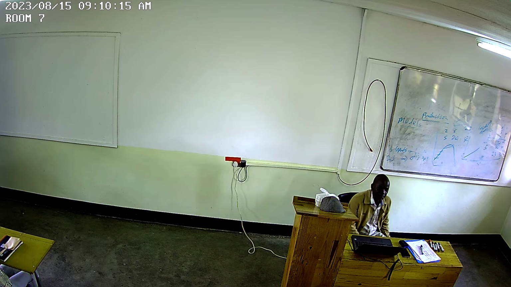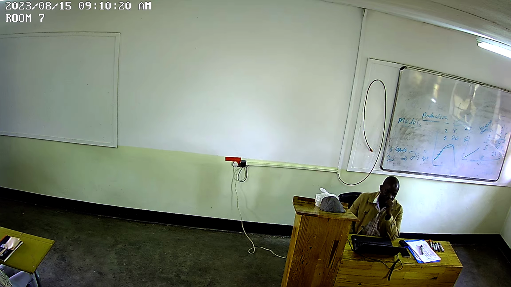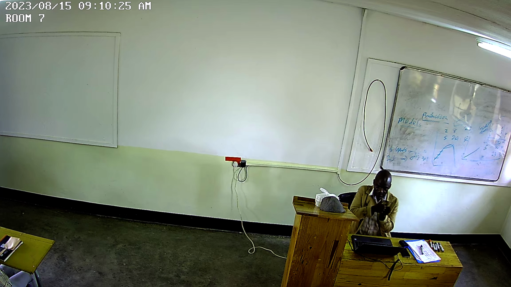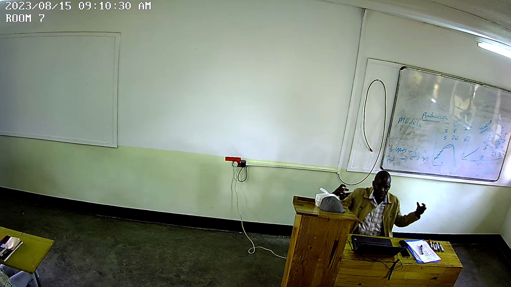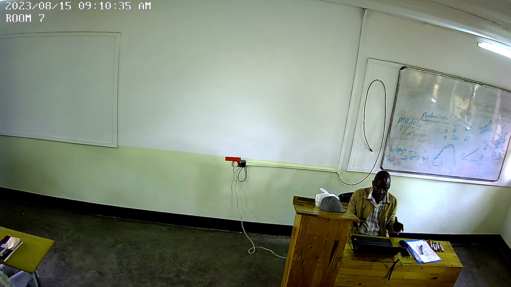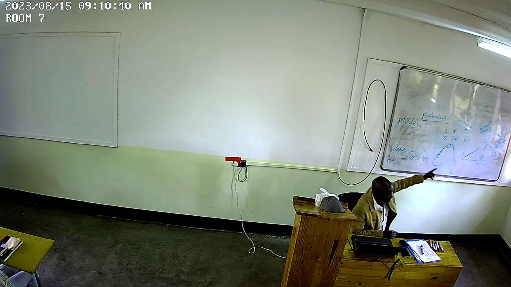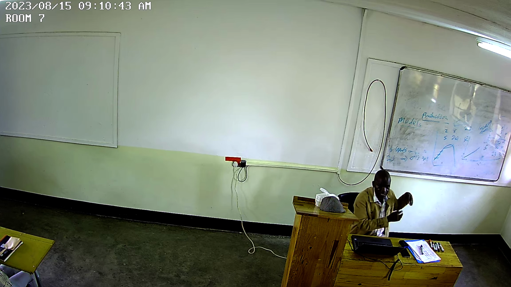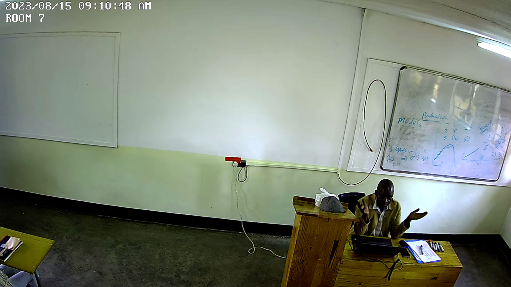There can be some instances of indivisibility, meaning you cannot put these inputs into units. Sometimes they come in a chunk, because this linear thing assumes that you can divide labor and capital into small units, into pieces.